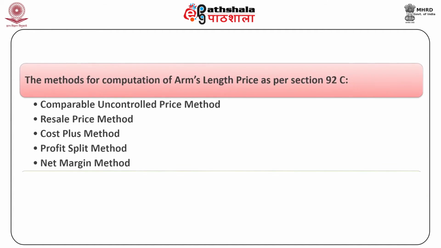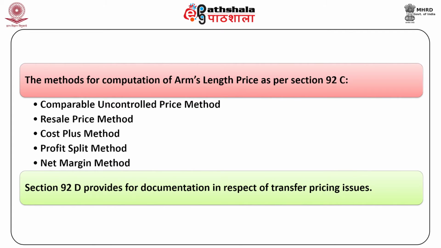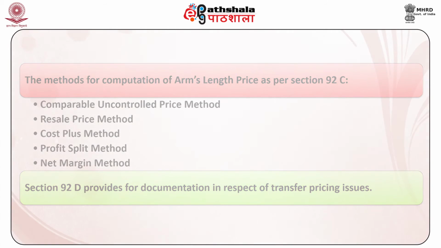Fifth, the method for computation of arm's length price as per Section 92C consists of comparable uncontrolled price method, resale price method, cost plus method, profit split method and net margin method. Sixth, Section 92D provides for documentation in respect of transfer pricing issues.